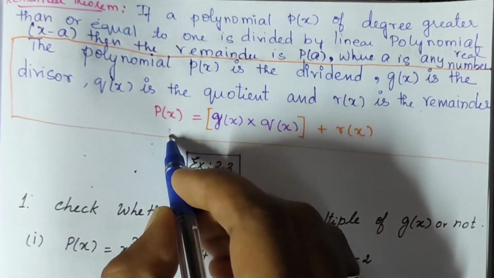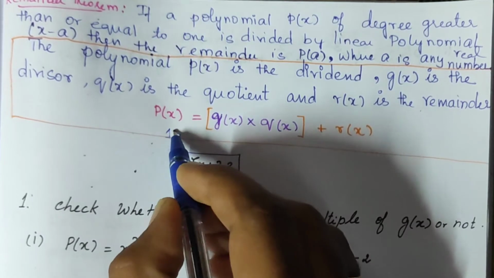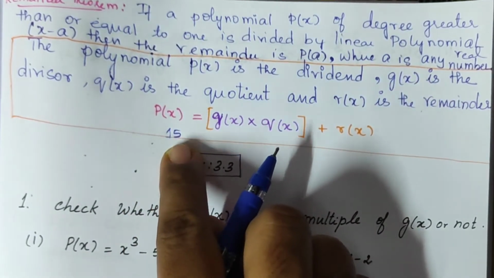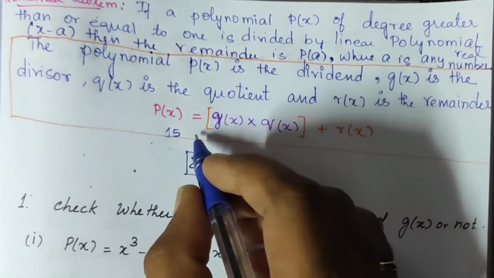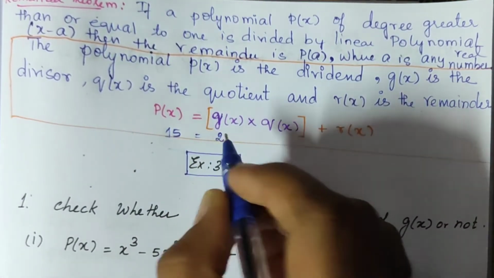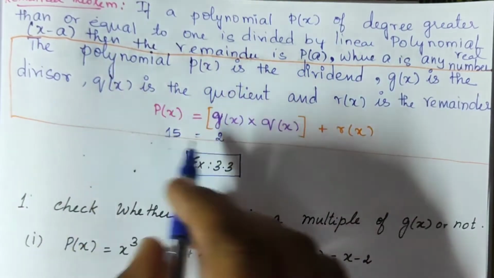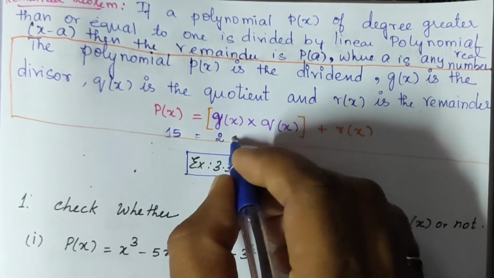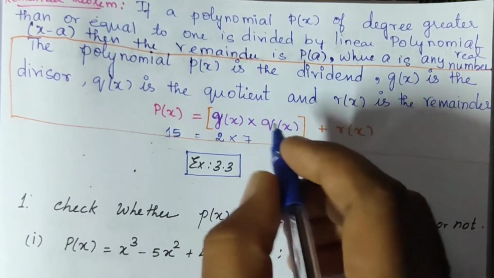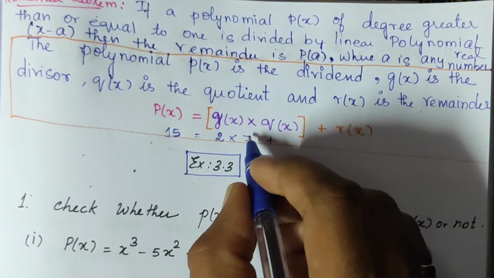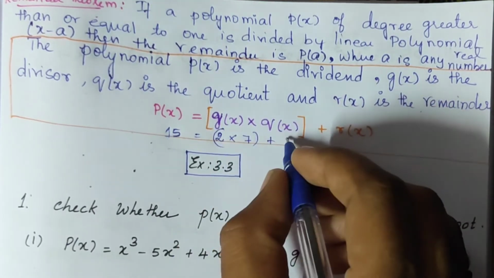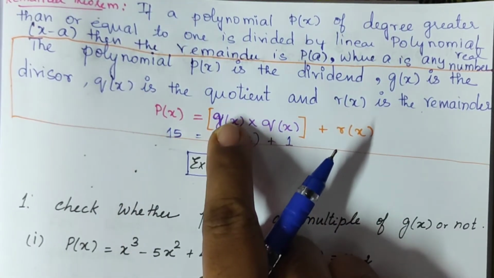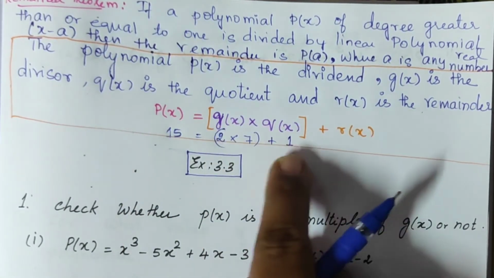For example, if you consider 15 to be the dividend and 2 to be the divisor, if you divide 15 by 2, 7 times, so 7 is the quotient, and 7 2s are 14, the remainder will be 1. Okay, so this is dividend, divisor, quotient plus remainder.